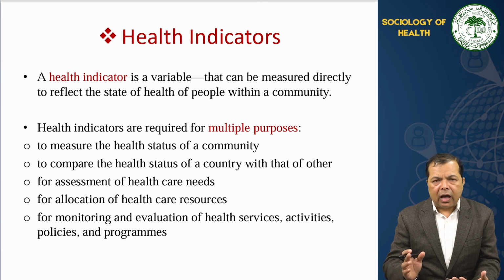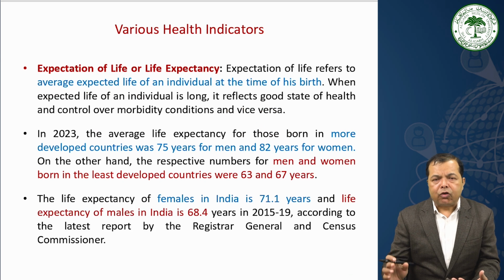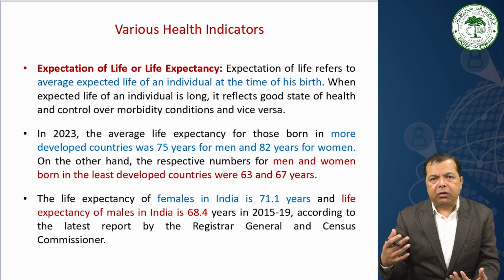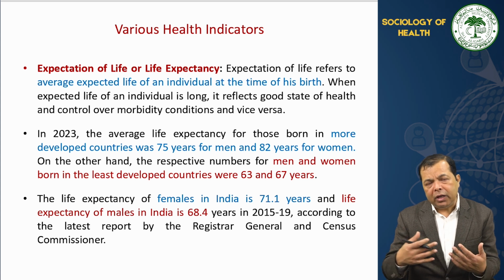So these are very important, and basically our sociology of health is very helpful in understanding these indicators in a specific context, because there are actually different groups within the same political entity. If we can calculate the health indicators for various groups, then it will be very helpful in understanding the positioning of the groups.